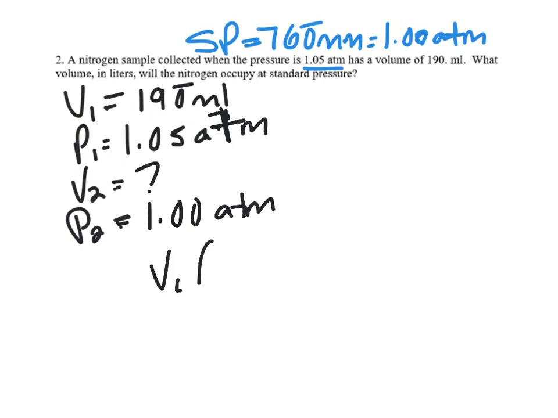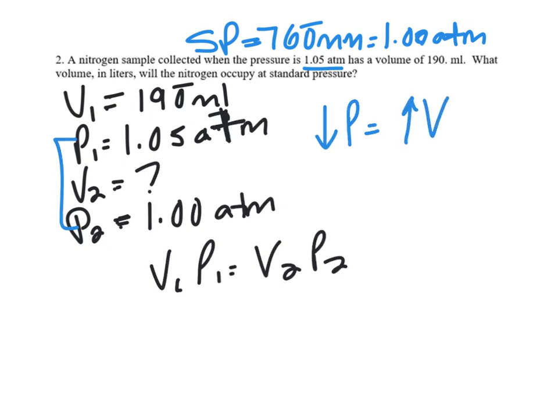So you're going to solve here. Our pressure went down from 1.05 to 1 ATM, so the pressure dropped. We would expect the volume to increase. So plug your numbers in, see what you get for V2, and see if it's something more than that original 190. And then we're just going to work problems 1 through 4 on that combined gas law sheet.